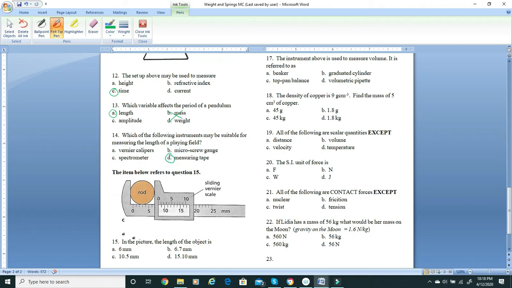Then it says, in the picture, the length of the object is, now when it comes to vernier calipers, this is the vernier scale right here, and it tells you this. And the answer is right here, so if you were looking for an answer for 14, you would know that this was the incorrect answer. This is the vernier scale right here to determine smaller length, so you won't have to guess. If you look here, you realize that this is 1, 2, 3, 4, 5.